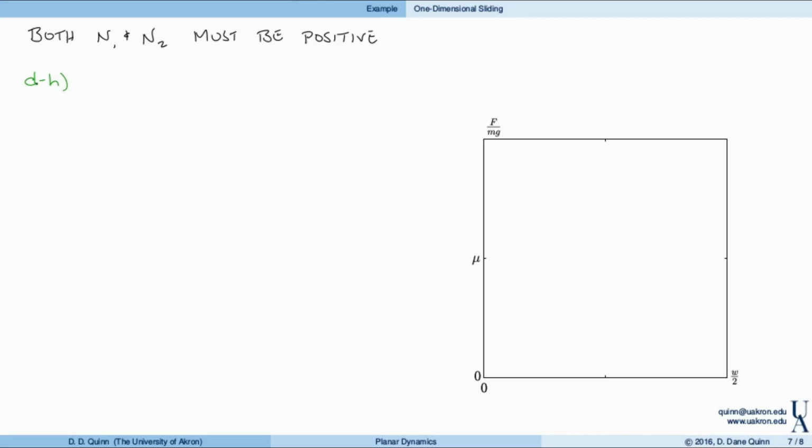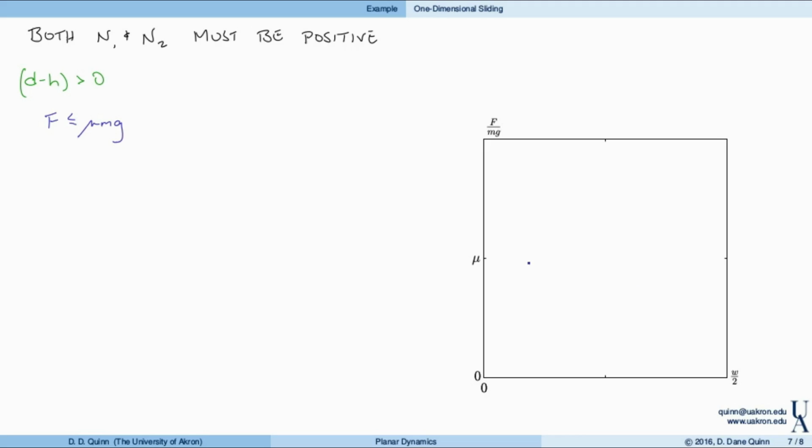First, let's consider d minus h, again the height above the mass center of the application of the force, as positive. Once again we have stick or slip. So if F is less than or equal to mu mg, then we have stick.